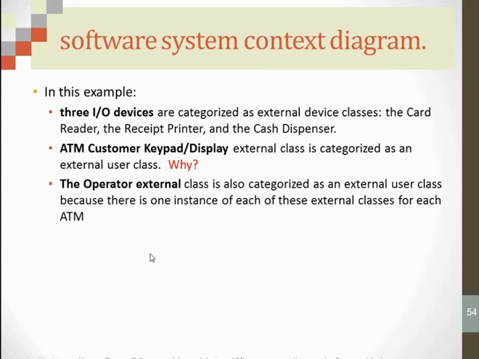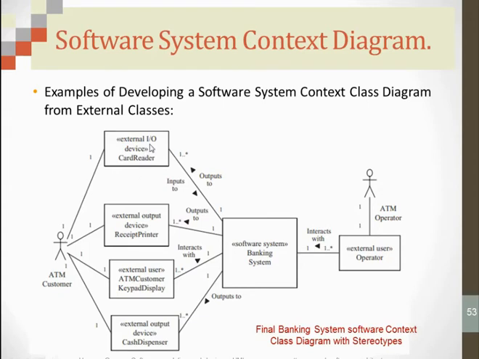Here is more explanation. We have three input and output devices, 1, 2, 3. We have one external user, the operator, and another external user, the ATM customer keypad display.